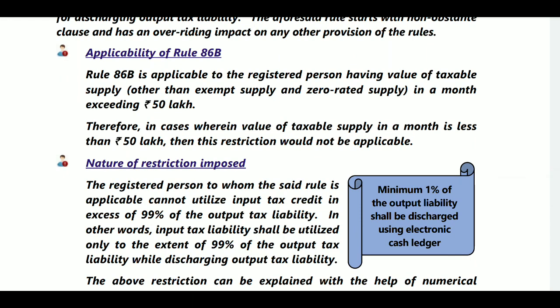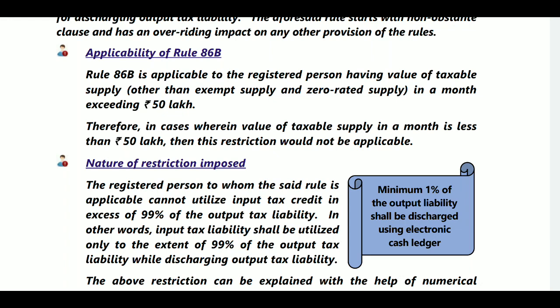When will it be applicable? Rule 86B will be applicable to the registered person having value of taxable supplies, that is other than exempted supply and zero rated supplies, in a month exceeding 50 lakhs.